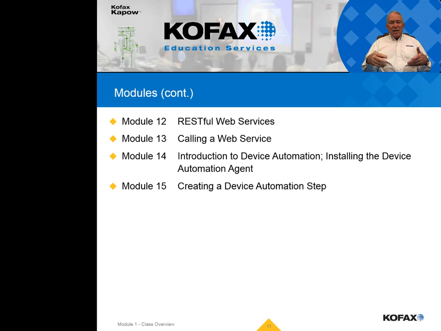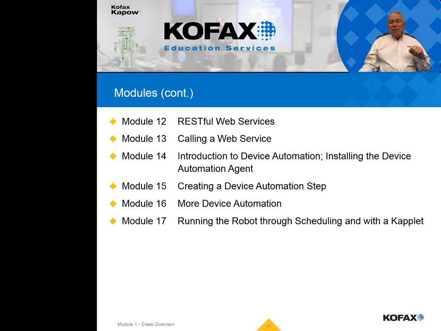So that's going to actually involve 4 modules: 14 to install the product, 15 we introduce you to device automation and have you create your first device automation step. In module 16, we will create one more device automation step to populate the document.